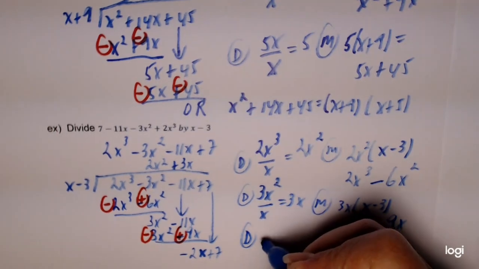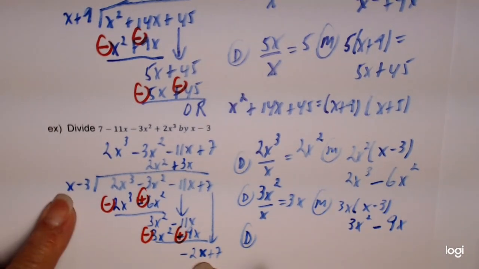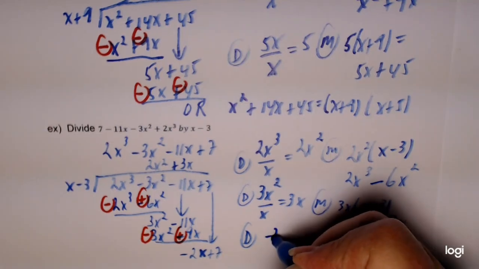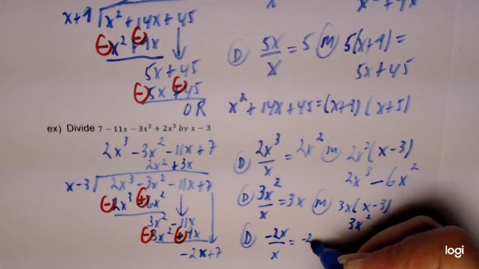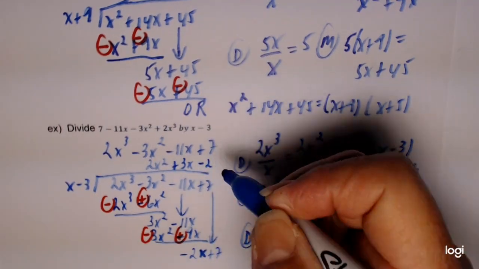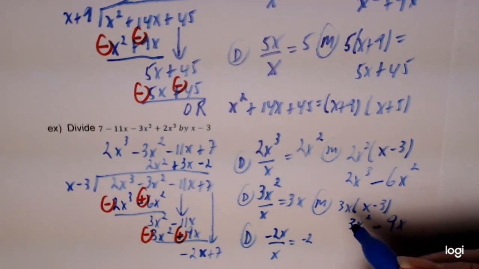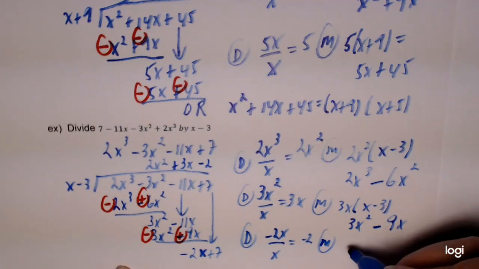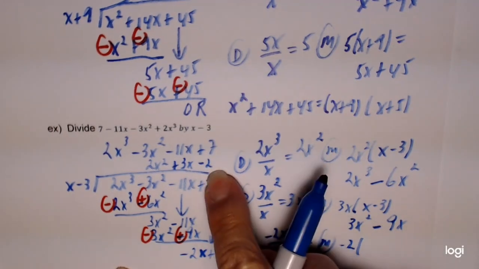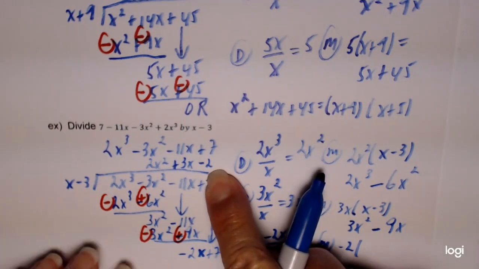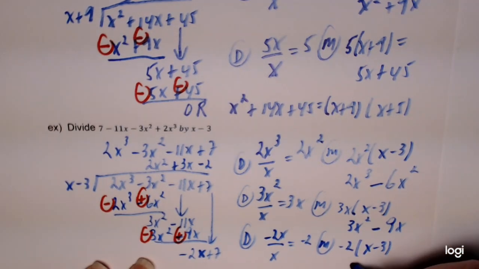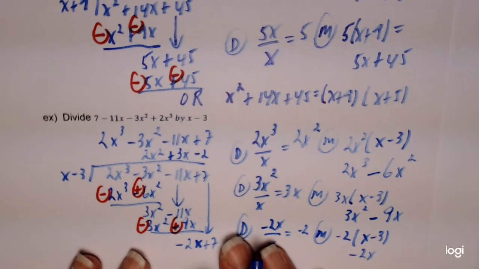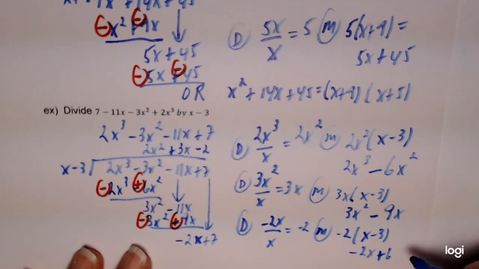So division, first and first. Negative 2x divided by x is equal to negative 2. So I put my negative 2 up there in the answer. And then for the multiplication, we have negative 2 times this whole divisor, x minus 3. Negative 2 times x is negative 2x. Negative 2 times negative 3 is positive 6.